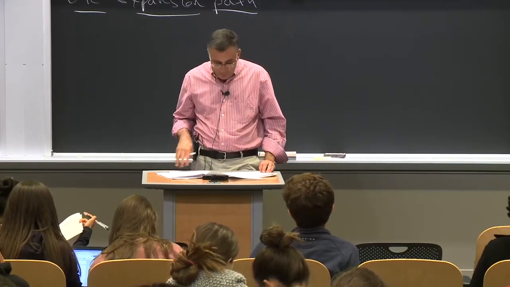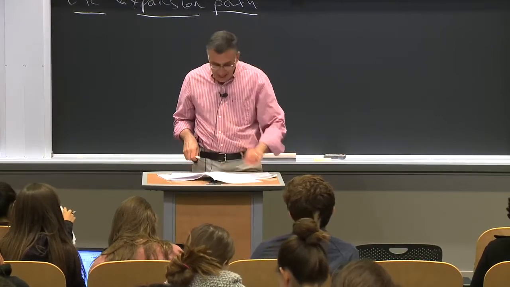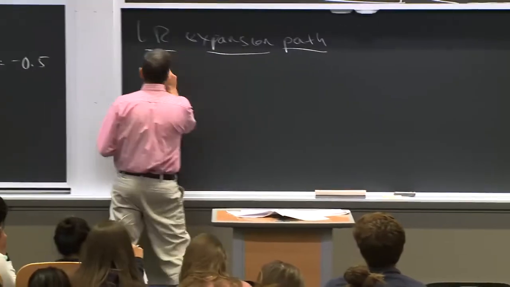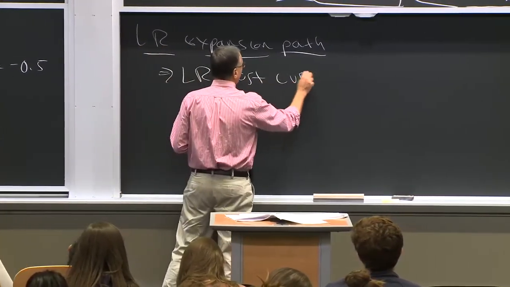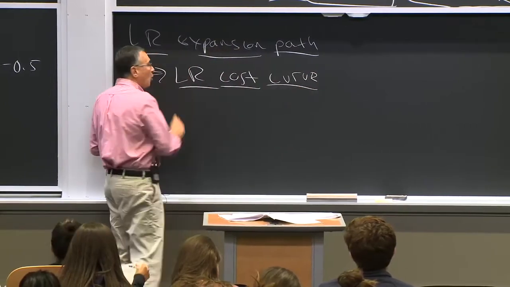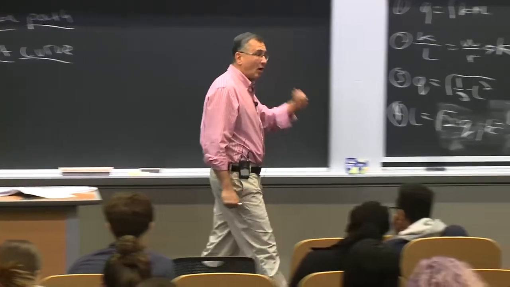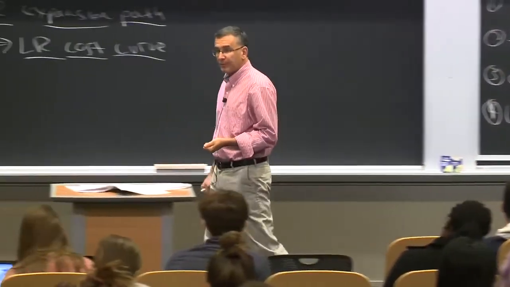But here's the bottom line that we want to come to: that long run expansion path is our long run cost curve. Ultimately, if you want to ask how my costs vary with how much I produce, this curve tells you.